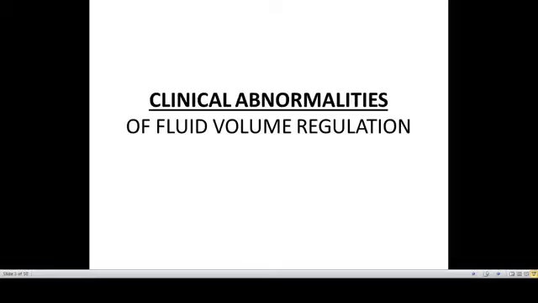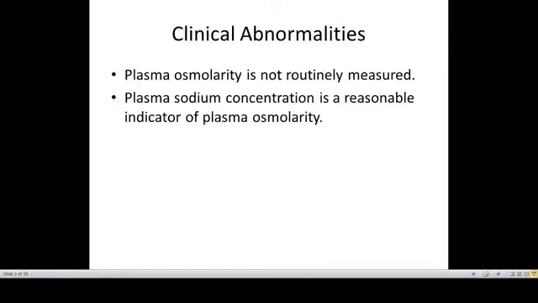To assess these abnormalities, we need to know the osmolarity of body fluids. However, plasma osmolarity is not routinely measured, and plasma sodium concentration is a reasonable indicator of plasma osmolarity because of its ease of measurement.